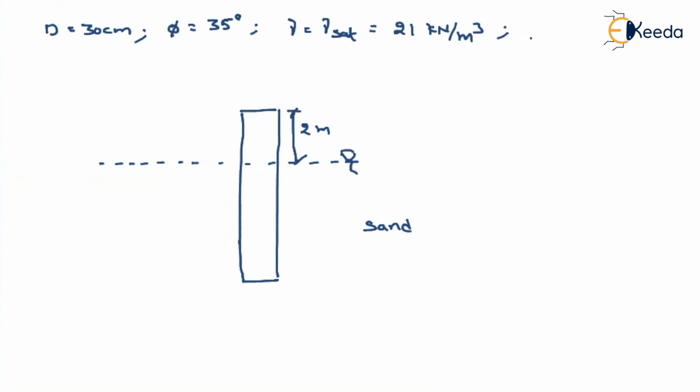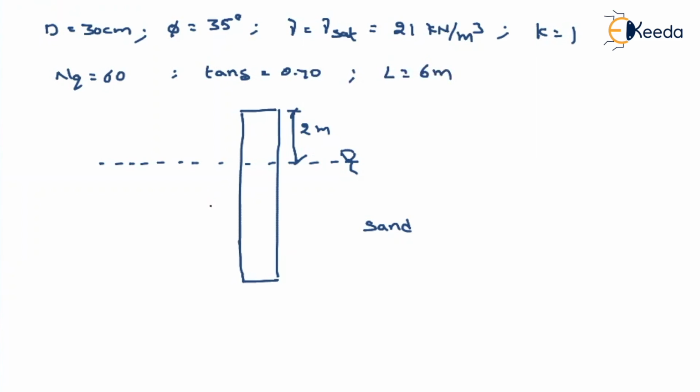Let us assume the adhesion factor K equal to 1, and Nq value is given as 60, and tan delta value is also given as 0.70, and let us assume the length of the pile is given as 6 meter.